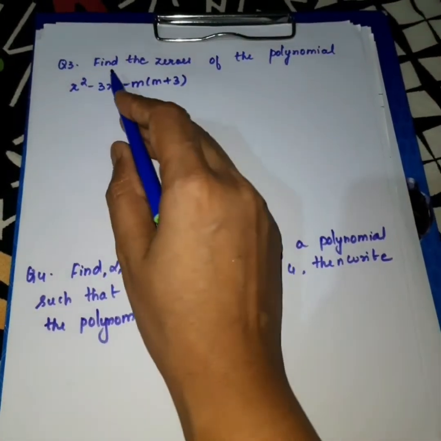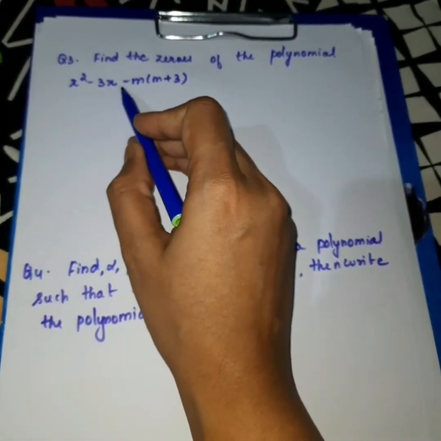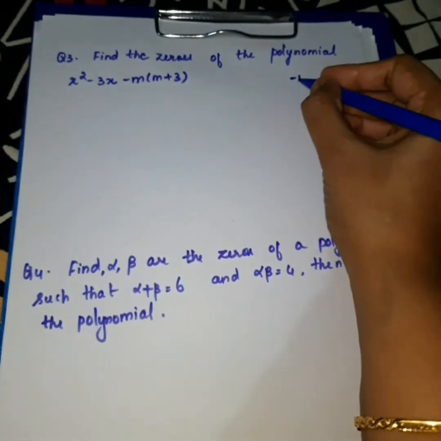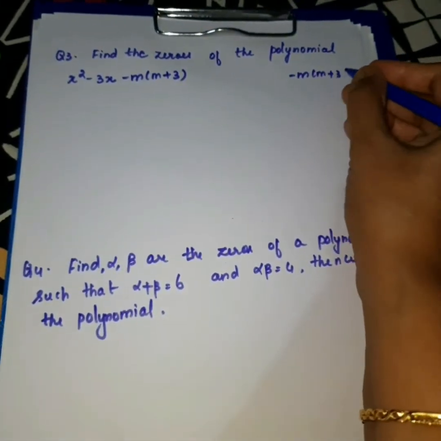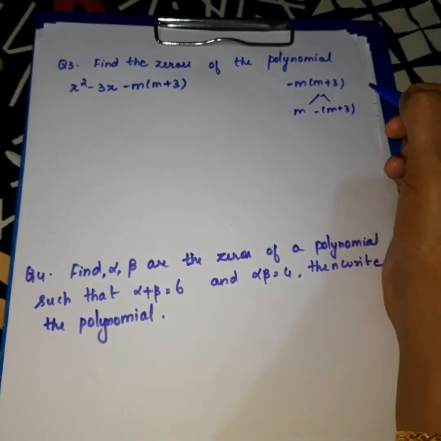Next, question 3, find the zeros of the polynomial x squared minus 3x minus m into m plus 3. So m into m plus 3 is the constant here, which we can get as m into minus of m plus 3.